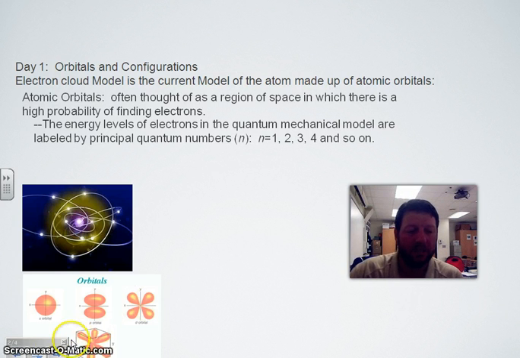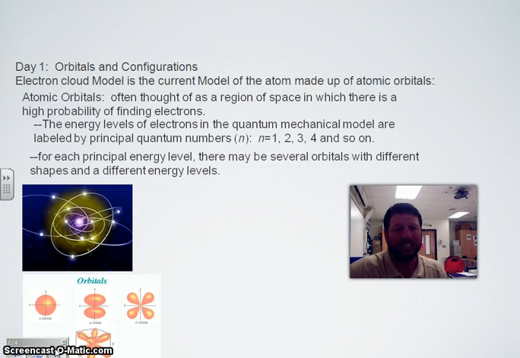Now, for each principal energy level, there are energy levels within that energy level. It's kind of like an onion. Onions have layers upon layers upon layers. You look at an onion, it looks like one vegetable. But when you start peeling away the onion, it's not one vegetable. It's made up of many, many layers. Another analogy is Saturn.